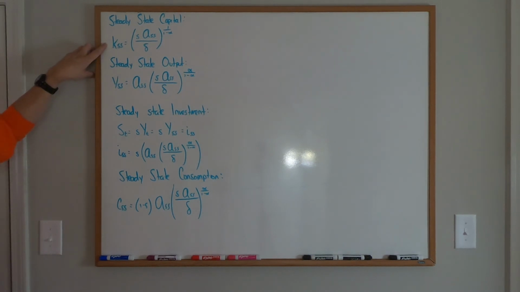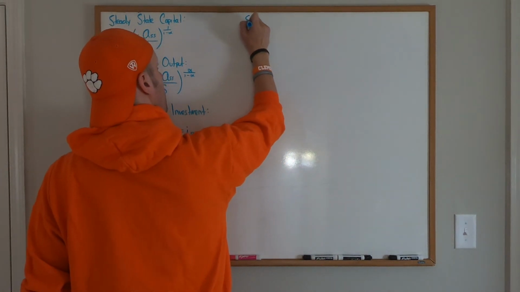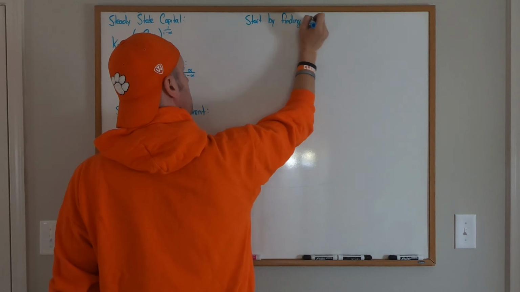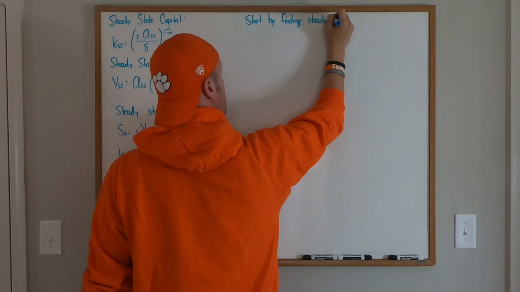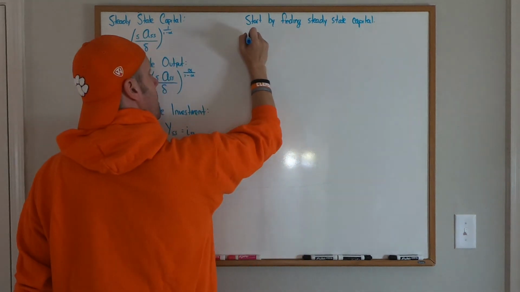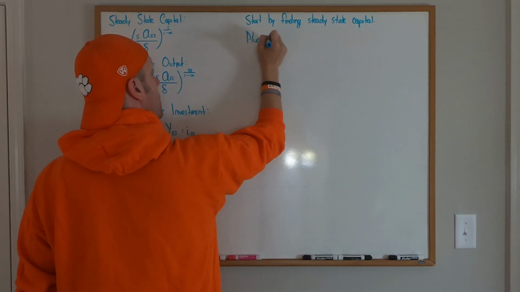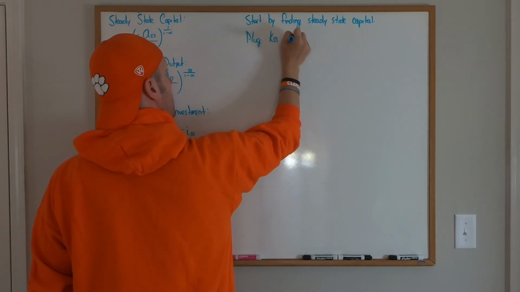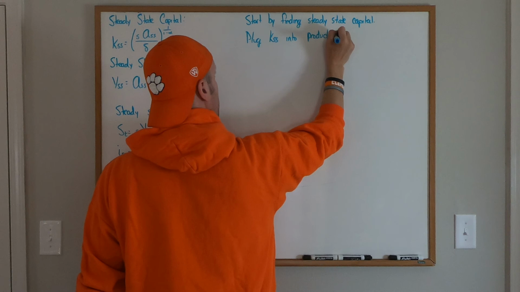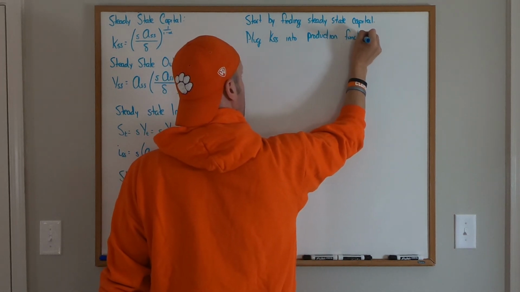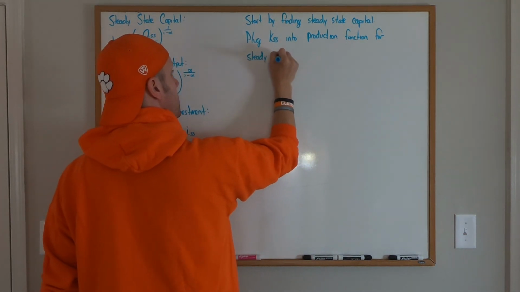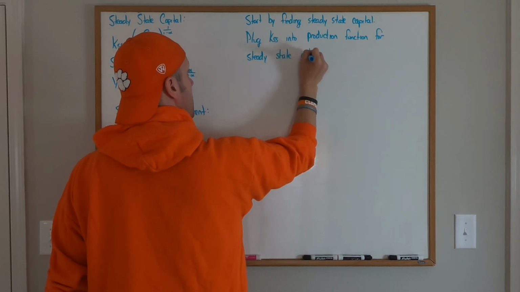We always want to start by solving for steady state capital. Then we're going to want to plug steady state capital into the production function to get steady state output.